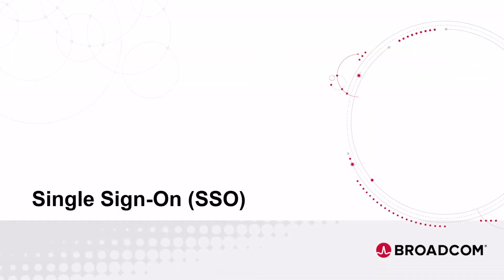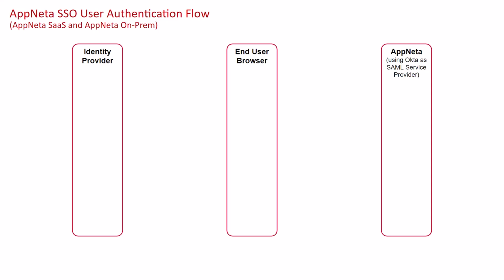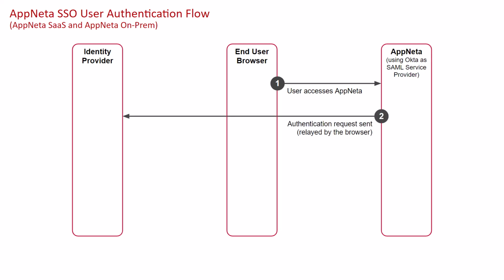Now that we've covered how to create users within the AppNeta UI, let's have a look at Single Sign-On for user management. When AppNeta is configured to use Single Sign-On, a user accesses AppNeta and will then be prompted to provide their email address. Then, Broadcom, using Okta as the service provider for SAML authentication, sends a request to your identity provider to authenticate the user.